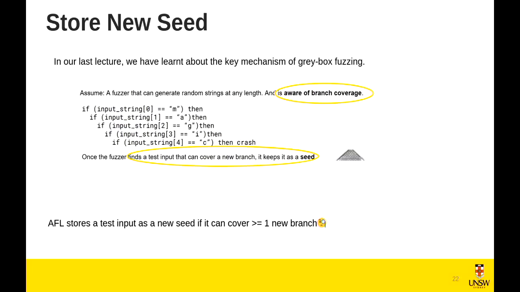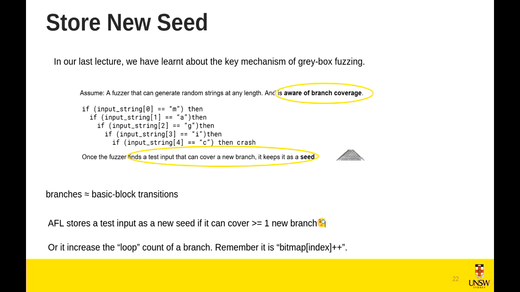It is because it is aware of branch coverage, and it will keep test inputs that cover a new branch as seeds. Branches are similar to the basic block transitions used by AFL. So that's why AFL can do this.